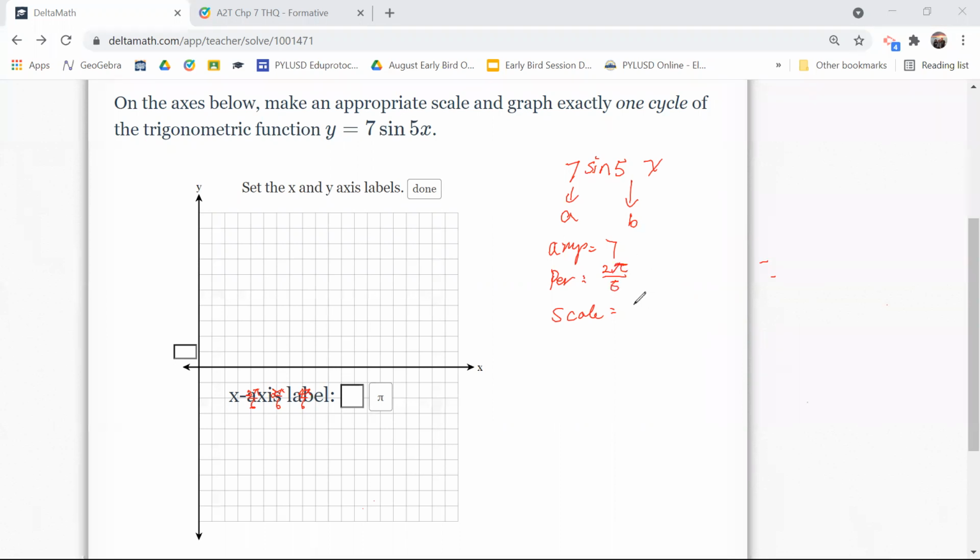Then our scale is 2 pi over b, and that's a 5 by the way. Scale is 2 pi over 5 divided by 4. So 2 pi over 5 times 1 over 4. Simplify, pi over 10, and that's my scale.